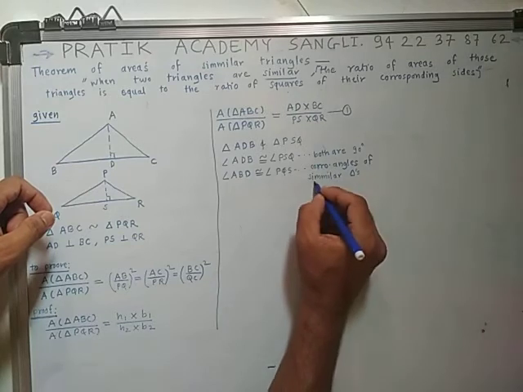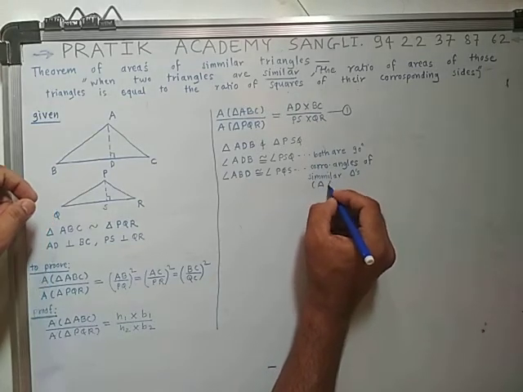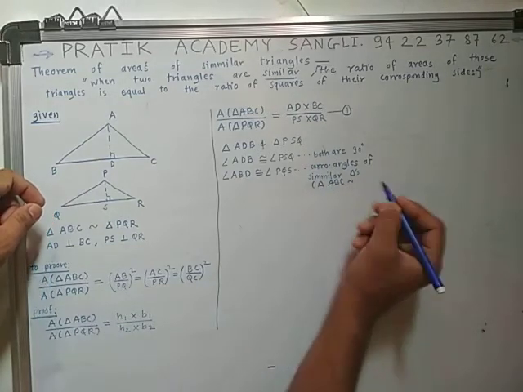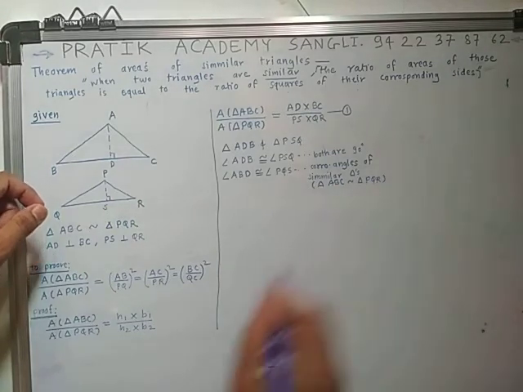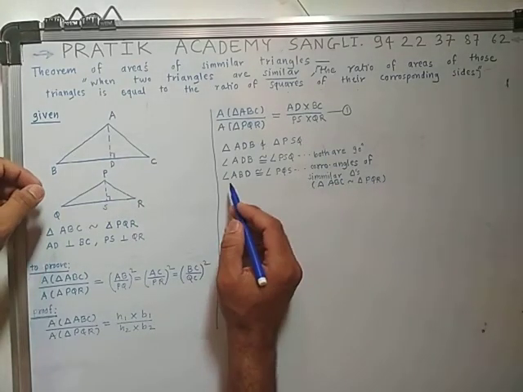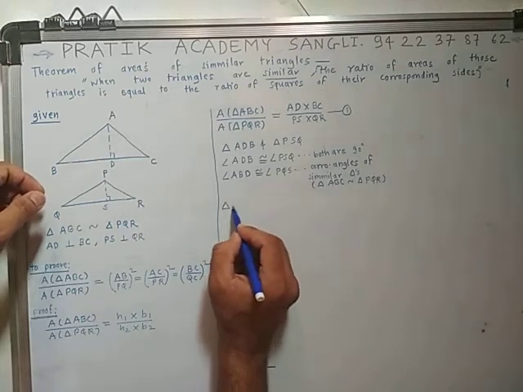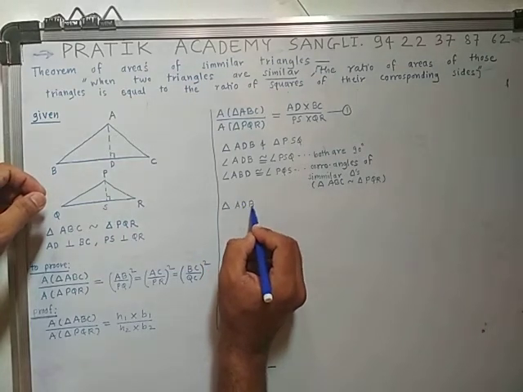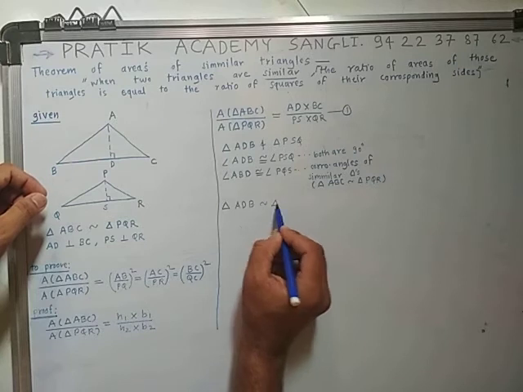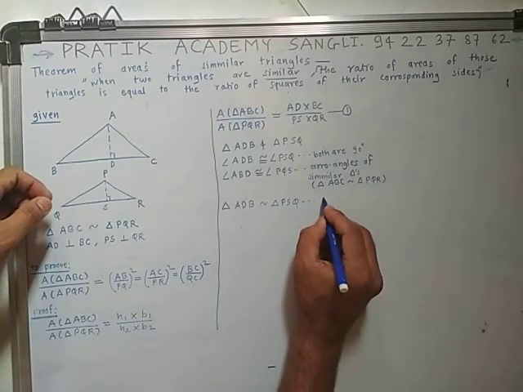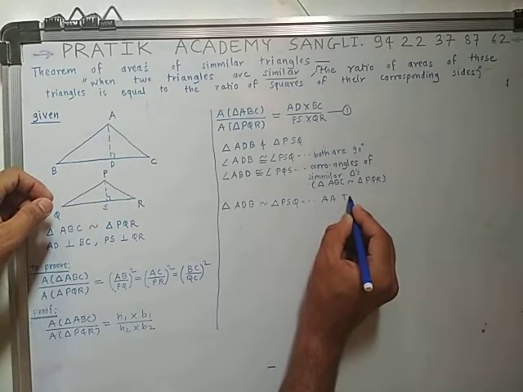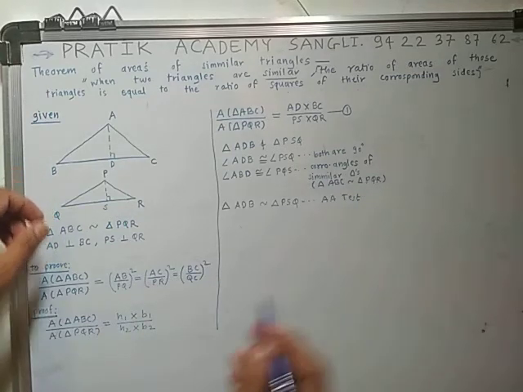Which are similar triangles? Triangle ABC similar to triangle PQR. From this you can write triangle ADB is similar to triangle PSQ. By which test? By the AA test.